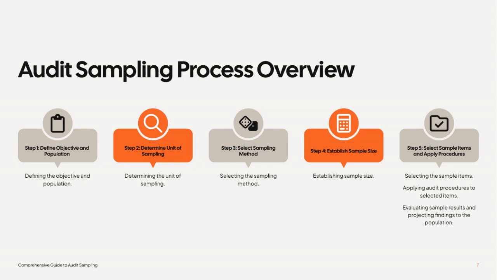Let's walk through the audit sampling process step by step. First, we need to clearly define our objective and identify the population we're working with. This means understanding what we're trying to achieve and the entire group from which we'll be sampling. Next, we determine the unit of sampling, which is essentially deciding the individual items or transactions that we'll be examining within that population.